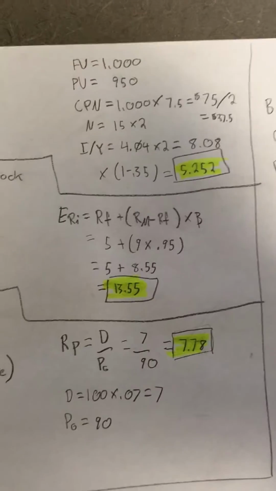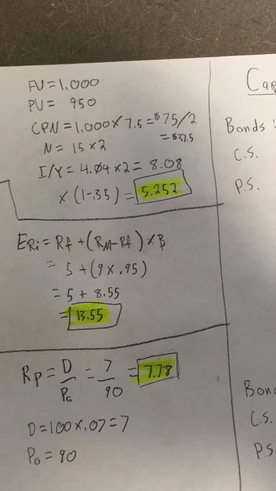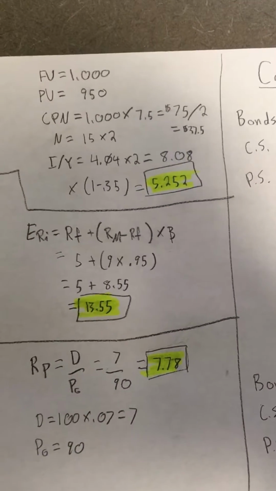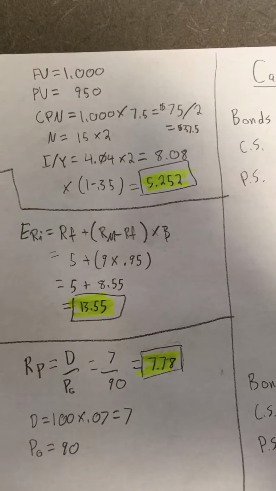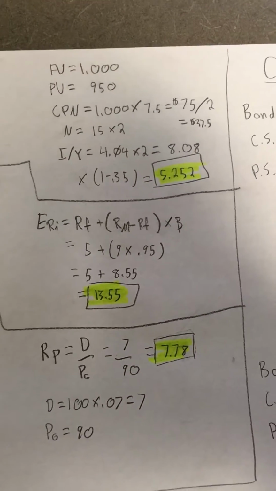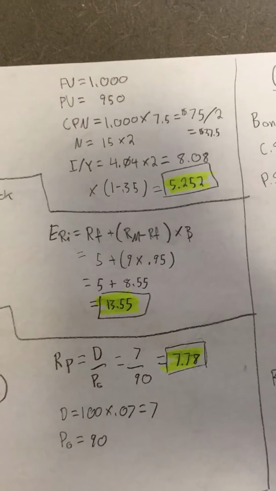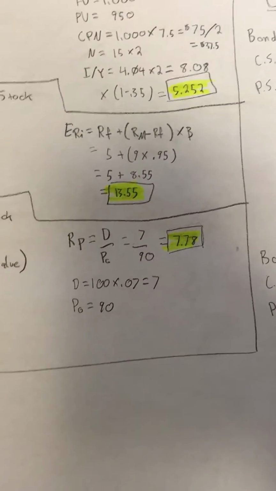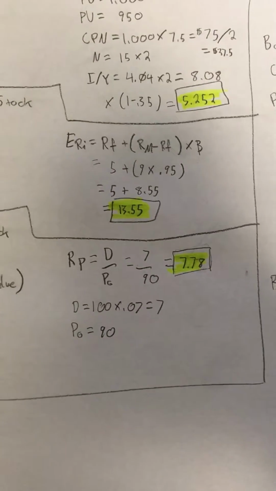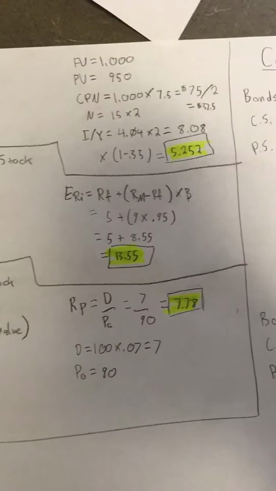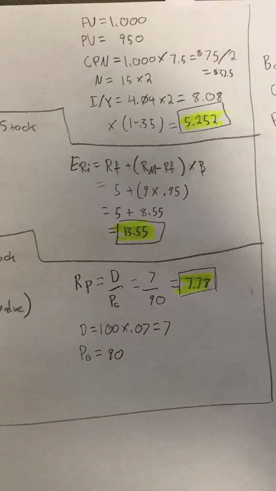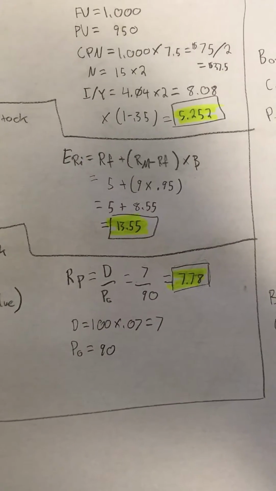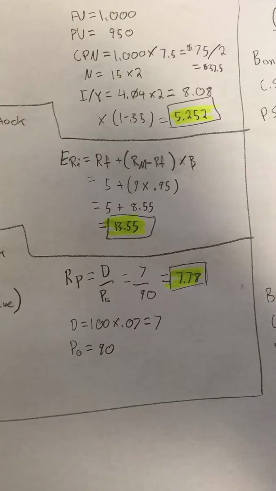So the risk-free rate is 5%. The market risk premium is 9. You just multiply that by the beta of 0.95, and you get 5 plus 8.55%, resulting in a cost of equity of 13.55%. And then lastly, we have to calculate the cost of preferred stock. To do that, you take your dividend amount divided by P sub 0, which is the market value of the preferred stock.